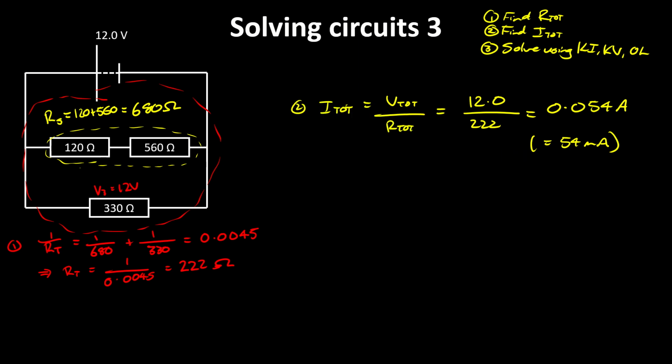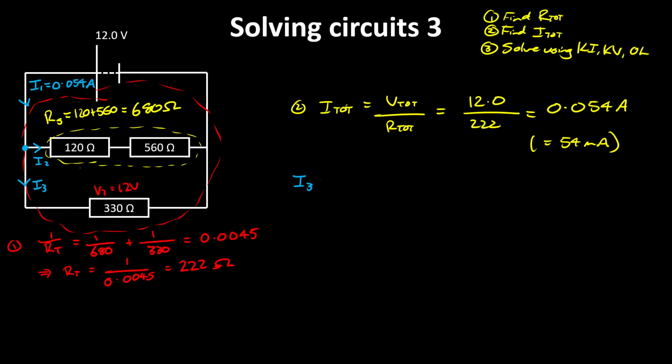So we can calculate, actually, sorry, I'll just change color to something else. If I label some currents in here, I'll call this one I1, which we've just figured out, that's the total current, 0.054 amps. And we've got I2, which we don't know, and I3, which we don't know. Okay. But we can figure out I3 because we know the voltage and the resistance down here.